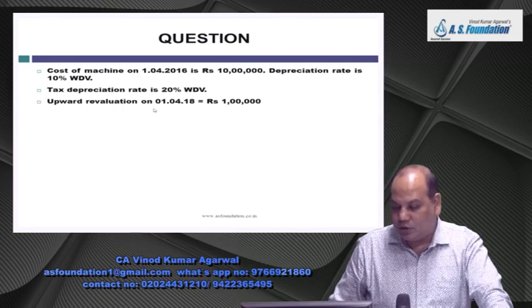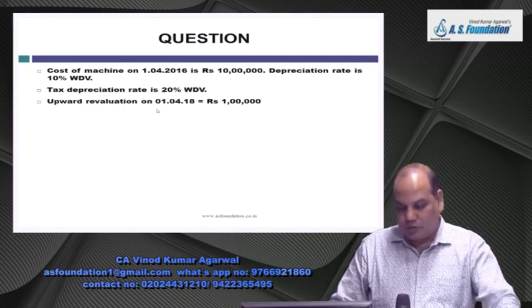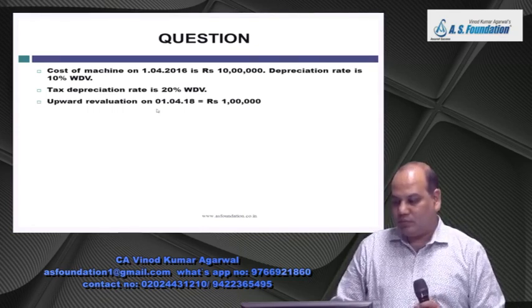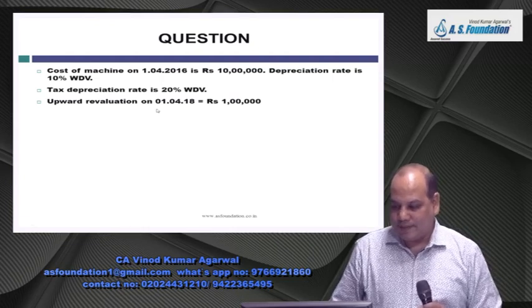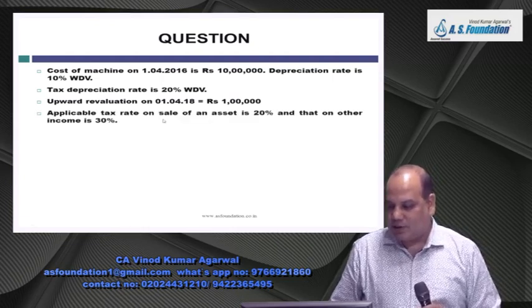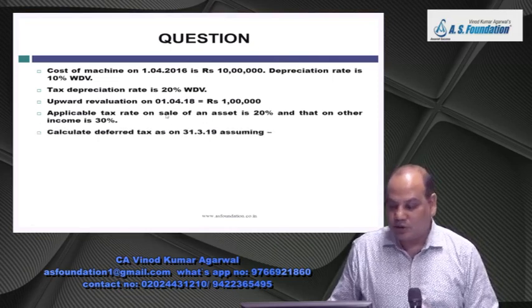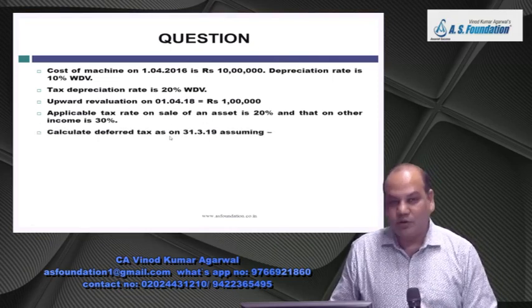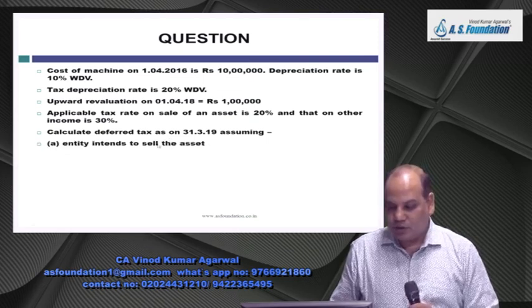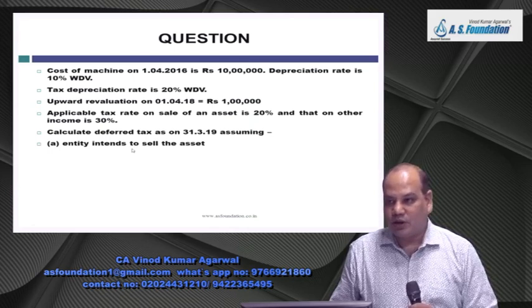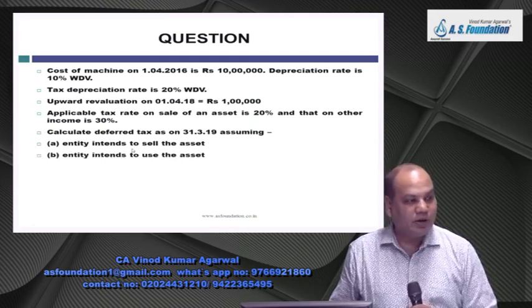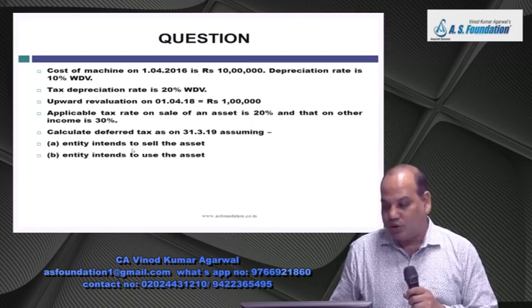Upward revaluation on 1/4/18 is 1 lakh. The applicable tax rate on sale of the asset is 20% and that on other income is 30%. Compute deferred tax on 31st March 19.